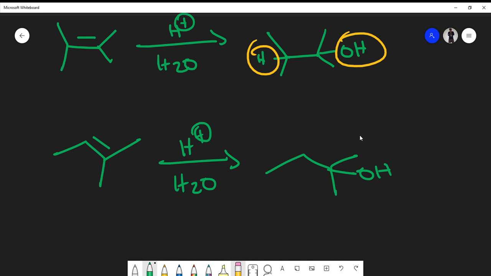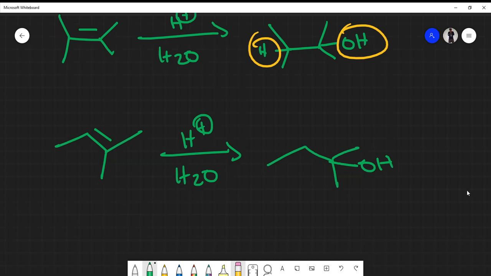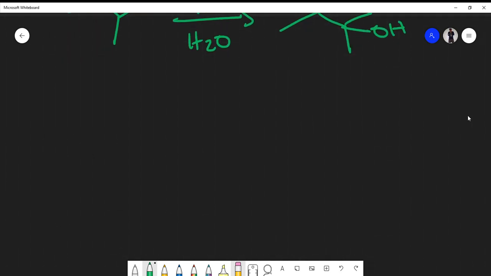So what is the reaction mechanism behind the hydration of a double bond? Let's look at it. If we take the original alkene, the first thing that's going to occur is that the alkene is going to act as a nucleophile, not surprisingly, and attack the H plus ion, or the acid in solution.